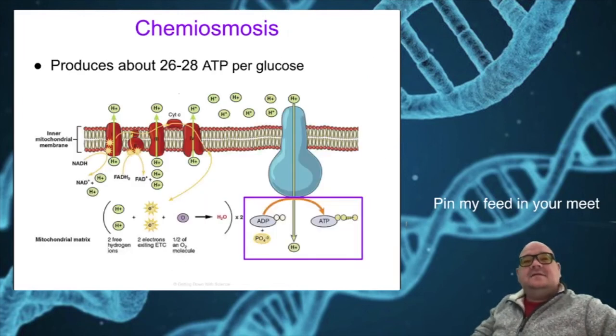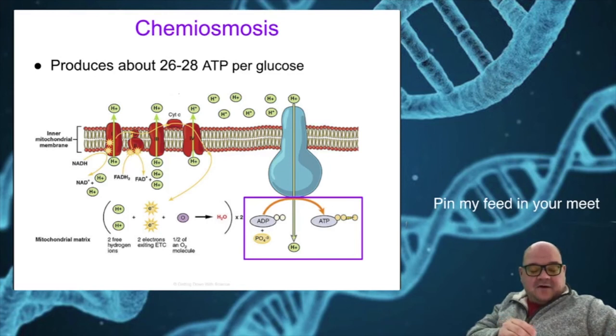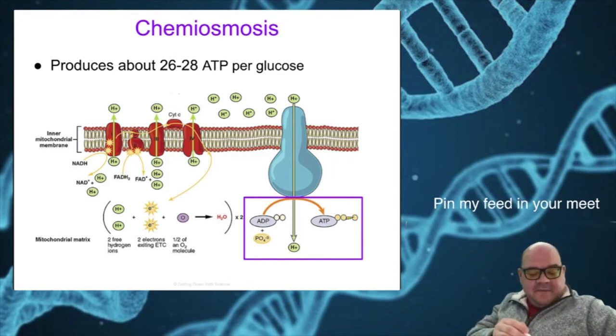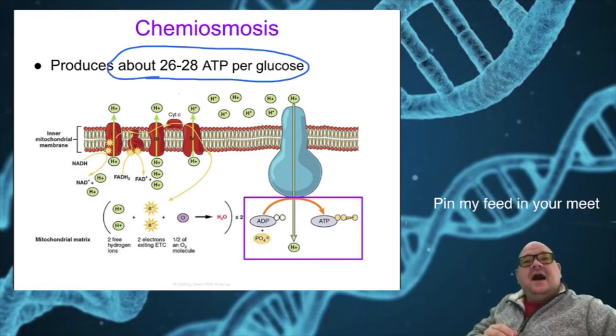Okay, now this is sort of that big idea. It makes about, I think I told you 36 before. I meant 26. I'm sorry about that. It makes somewhere in the range, and again, I don't really care that you know the exact number because there's variation here. But it makes a lot of ATP.